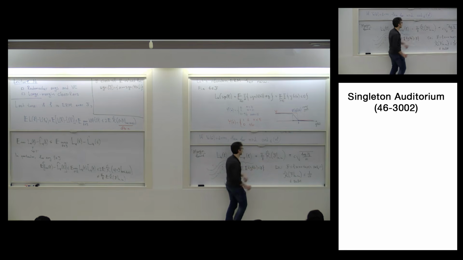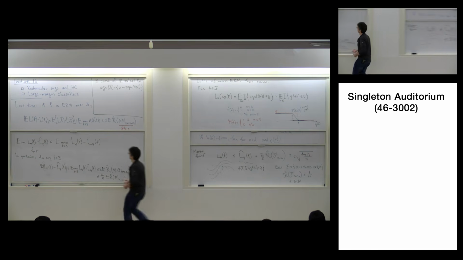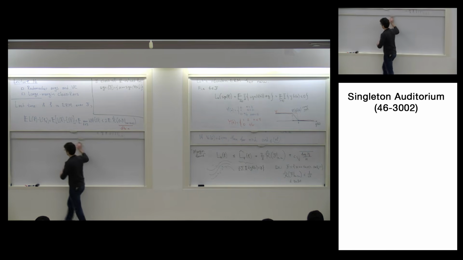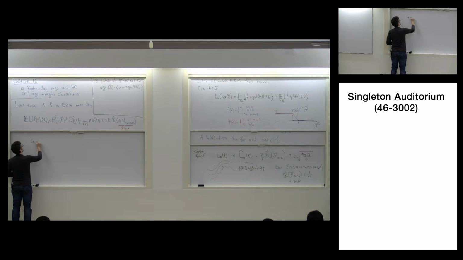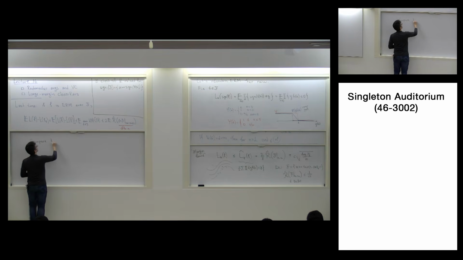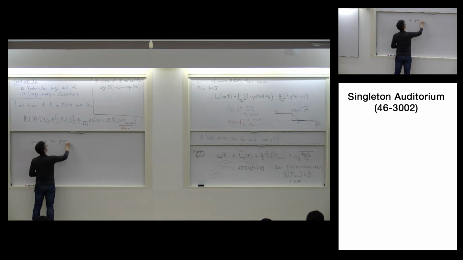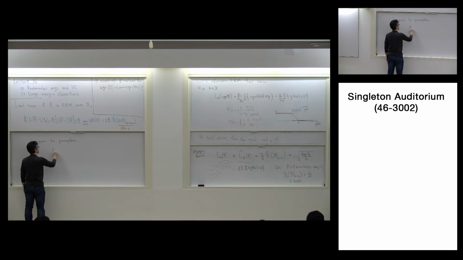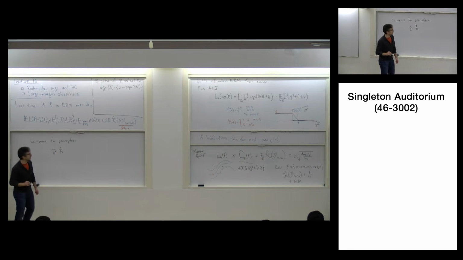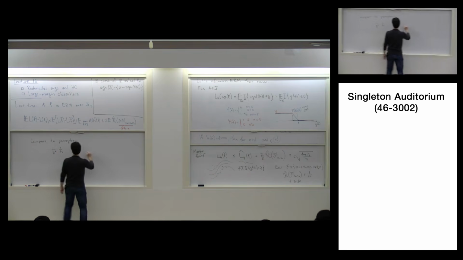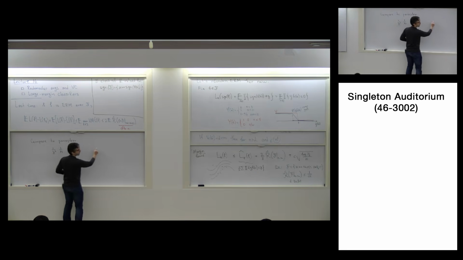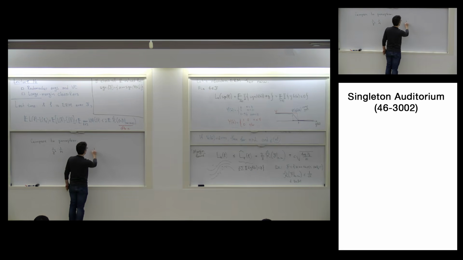What did we get? So compare. We had 1 over gamma squared times 1 over n. Here we got, ignoring constants, 1 over gamma times 1 over square root of n.